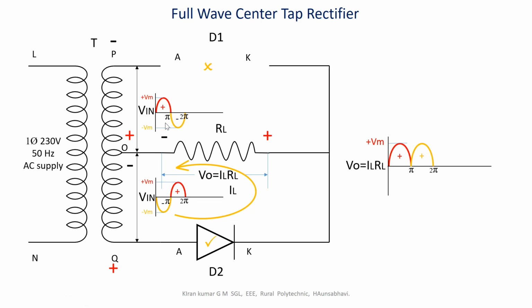Now, during the negative half cycle of the input, the polarities of the terminals P, Q and O are interchanged.